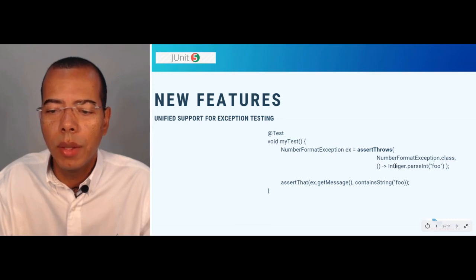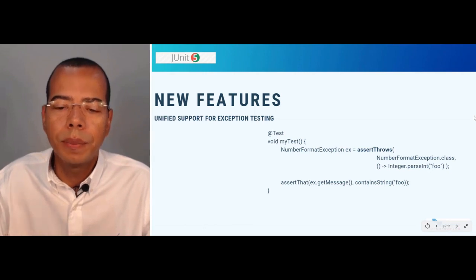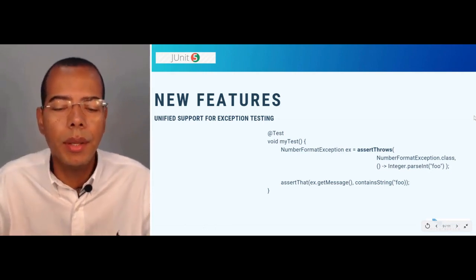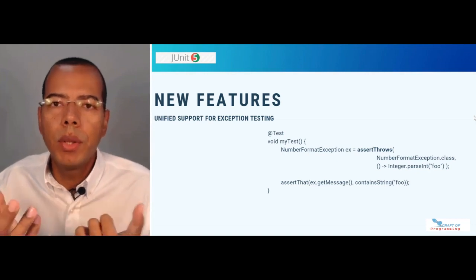This is the piece of code that you are expecting to throw this exception. And then assertThrows gives you back the exception so that you can assert the message that the exception wraps. So this does everything that we need, right?